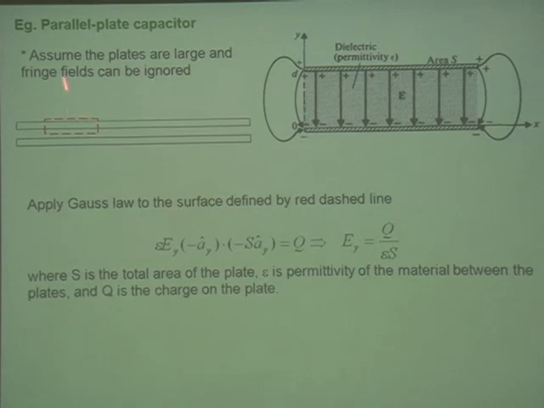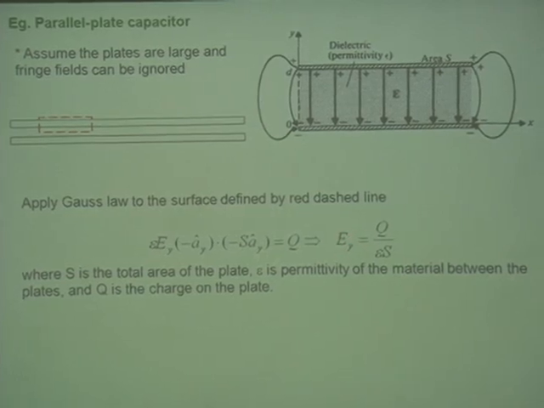You don't have electric field outside. Okay, assume that you have an infinite electrode. Therefore, the fringe field is not going to come to this location. 了解了，这里有一个 factor 2的 difference.